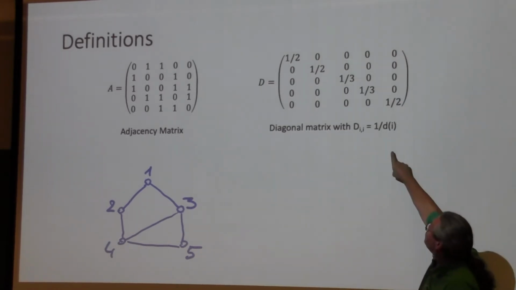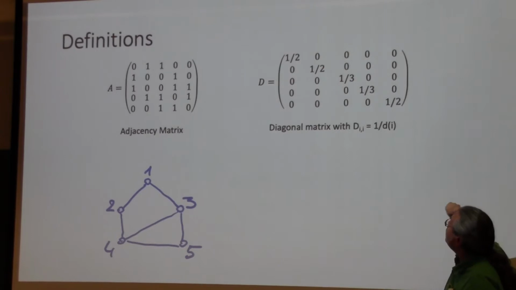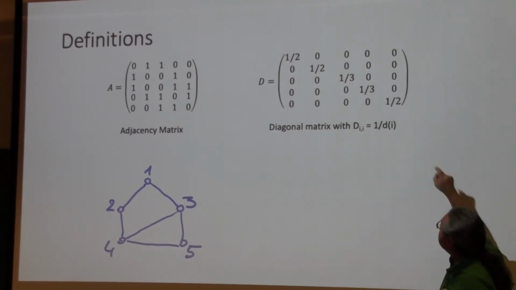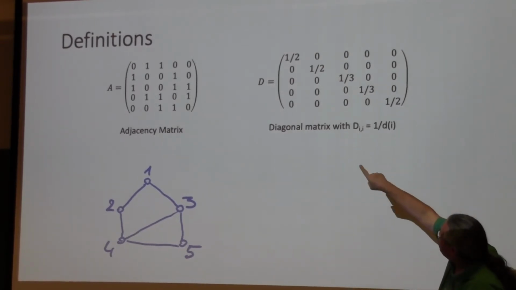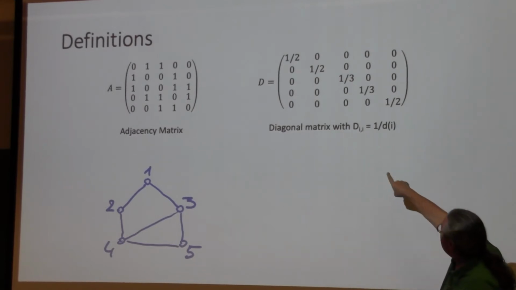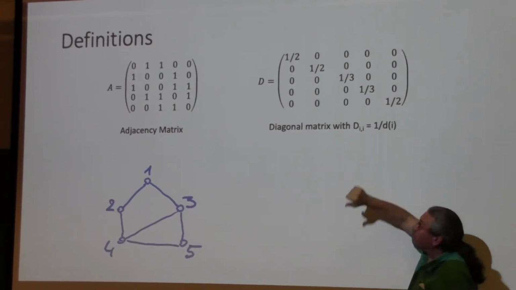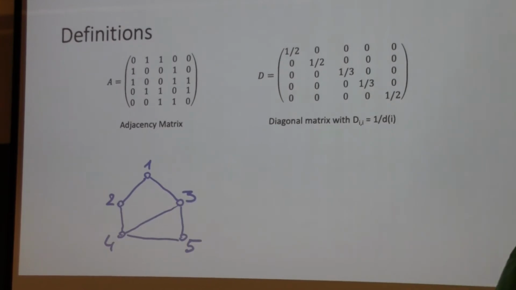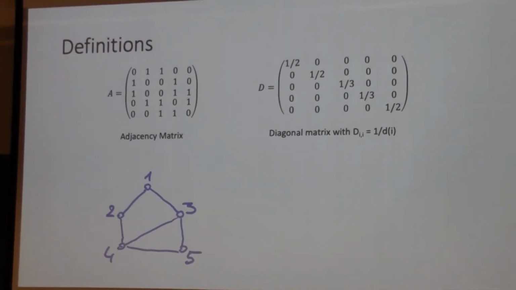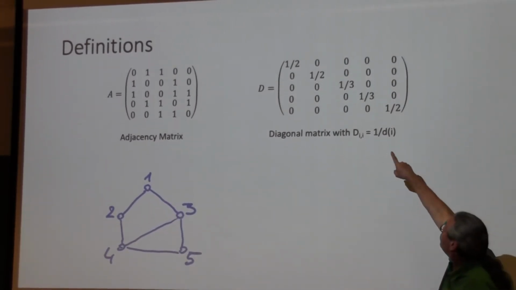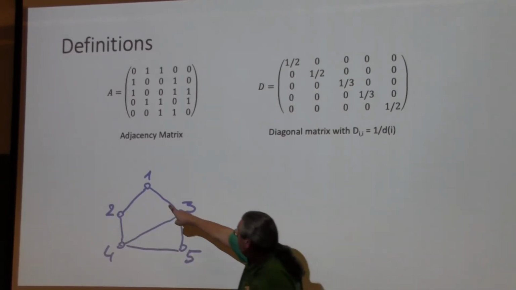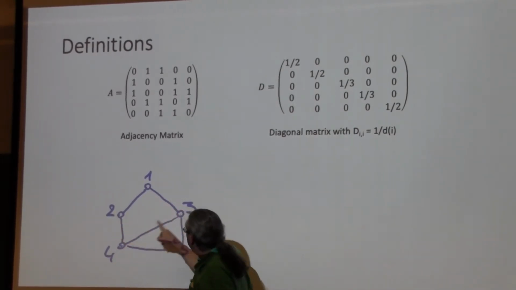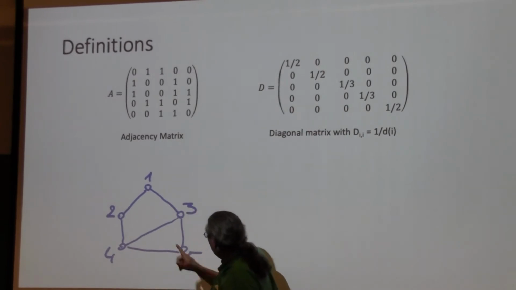So here's another matrix, D. This one is a diagonal matrix, and the element on each diagonal is 1 over the degree. So for our graph, it'll be 1/2, 1/2, 1/3, 1/3, 1/2.